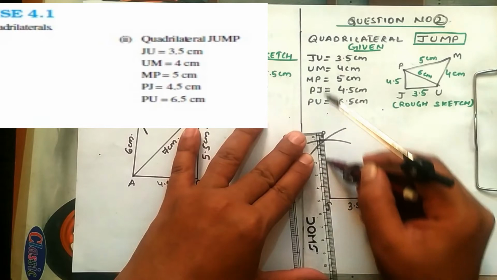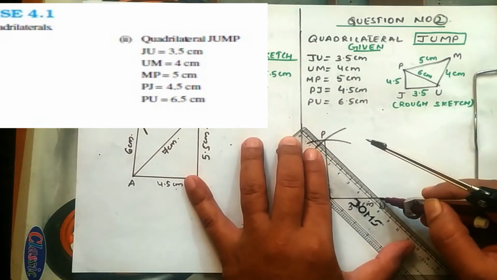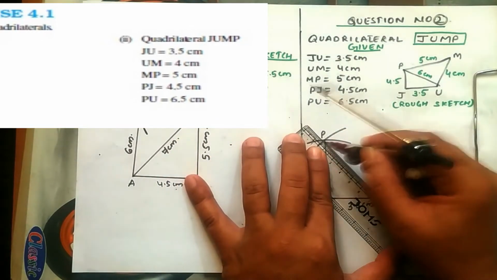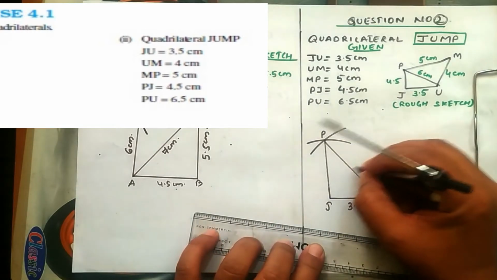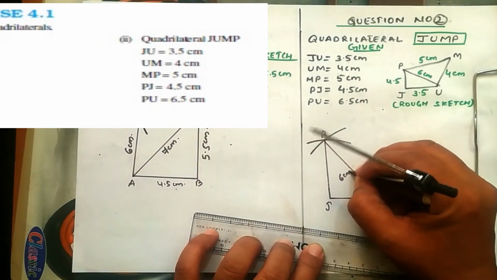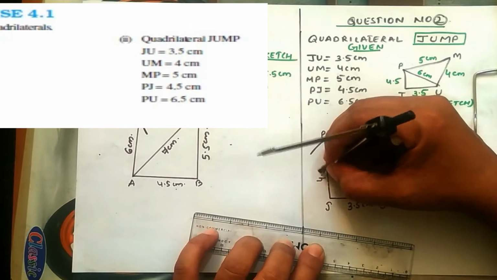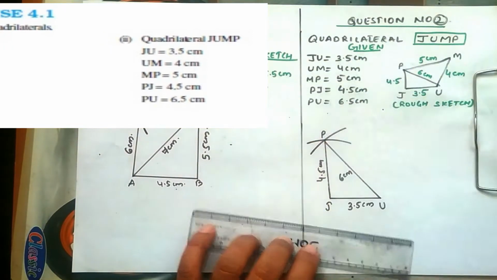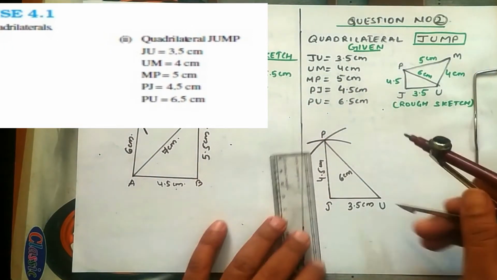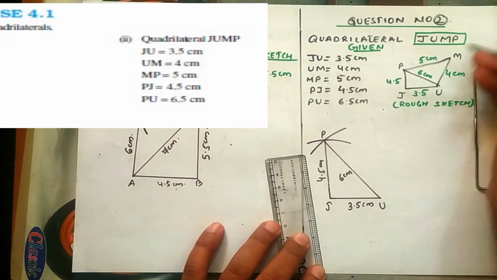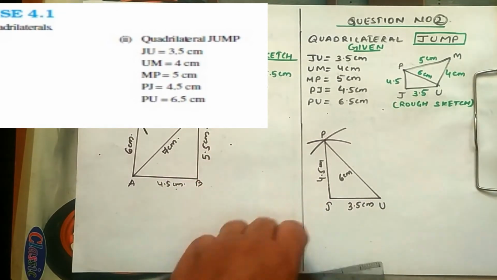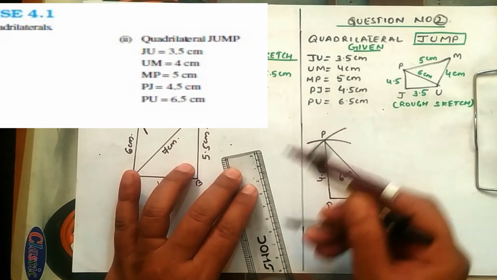Joining these lines so that I can get P as a fixed point. Then I will write the measurements on it. Writing measurements will complete your figure, and after that I can take MU and PM so that I can get the intersecting point M there.